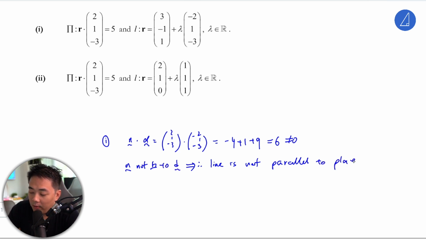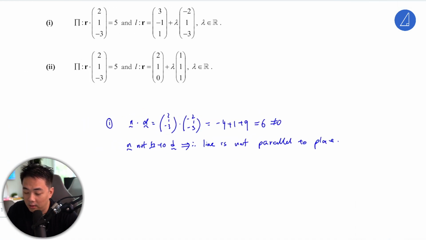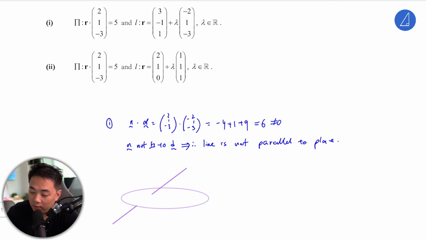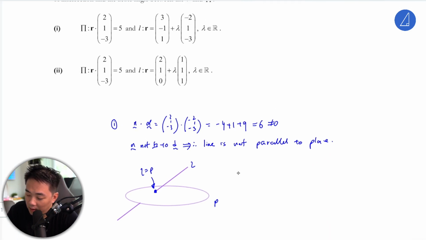If they're not parallel, of course they will intersect at a unique point here. So just find it, it shouldn't be an issue. This is L and this is the plane. To find the intersection point, what we're finding is L equals P. Just substitute the line equation into the plane equation.